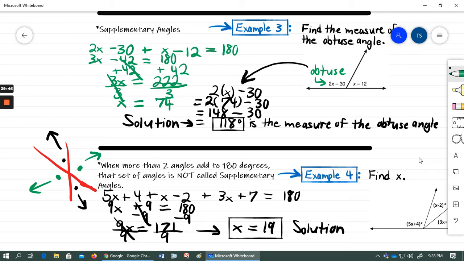They're not adjacent to each other, and the two angles are facing opposite directions. All right, so that's a little reminder of what vertical angles are. I'm going to erase that, and we're going to look at our next example.